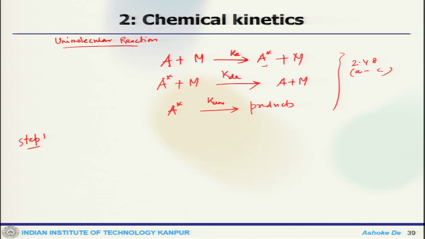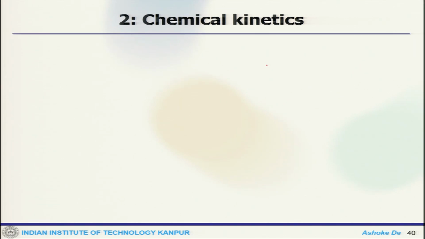So, because of this you get two possible scenarios for A star.